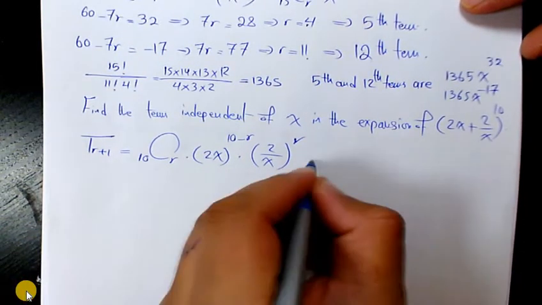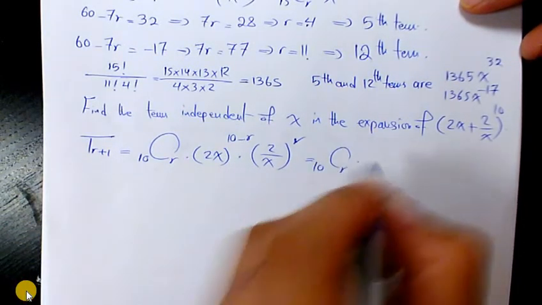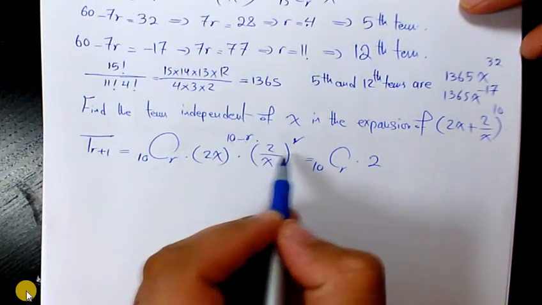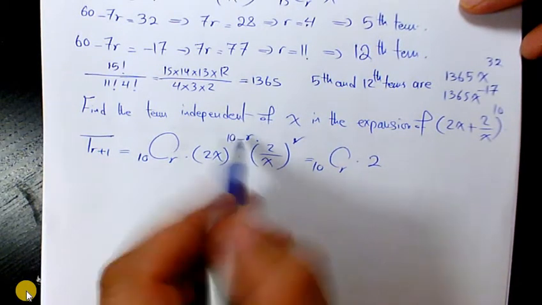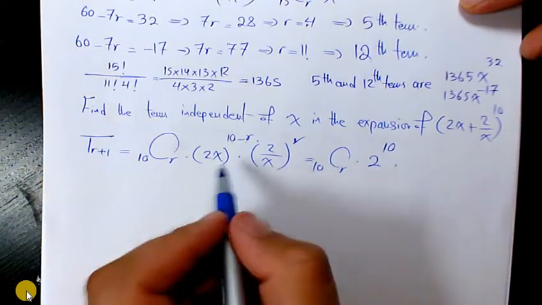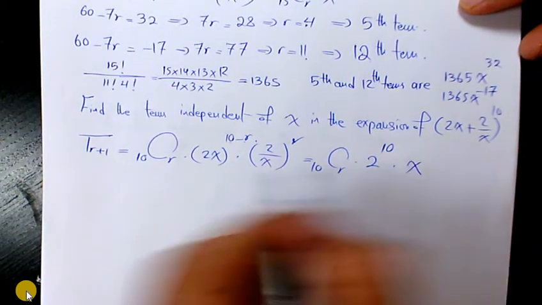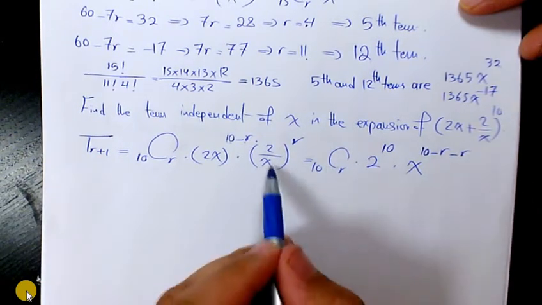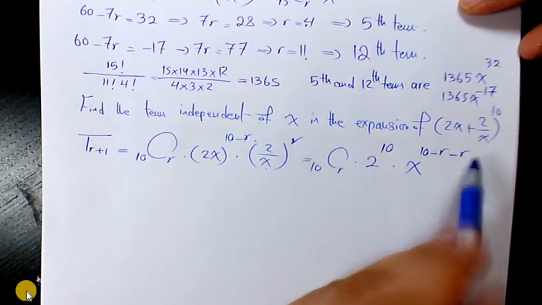When you simplify it, it's going to be 10Cr, 2 to the power of 10 minus r times 2 to the power of r, and the r terms cancel out, giving 2 to the power of 10 times x to the power of 10 minus r, because this one is in the denominator, so r is going to be negative.